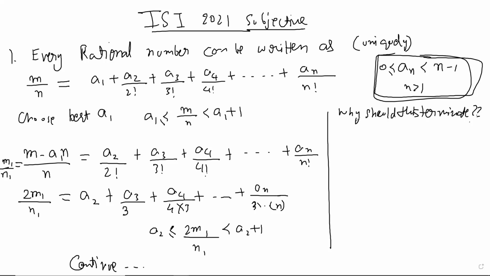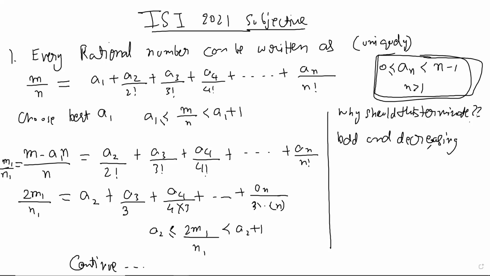Bounded and increasing or bounded and decreasing, this is a fallacy which a lot of people make. I mean, we all make it at some point. Bounded and decreasing, that is certainly the case in this situation. Yes, I agree, it's bounded and decreasing, but that doesn't imply that it will terminate. You can write many sequences of rational numbers which are bounded and decreasing but don't terminate. Like 1 by n is a typical example.